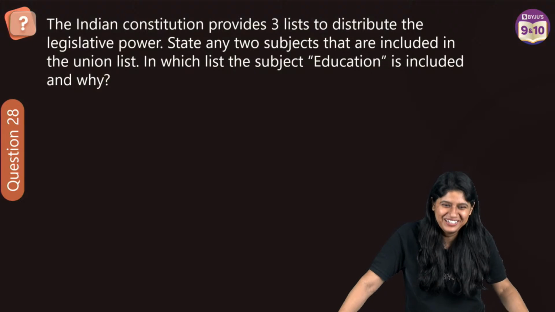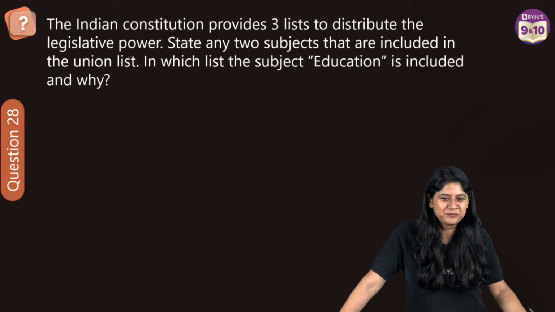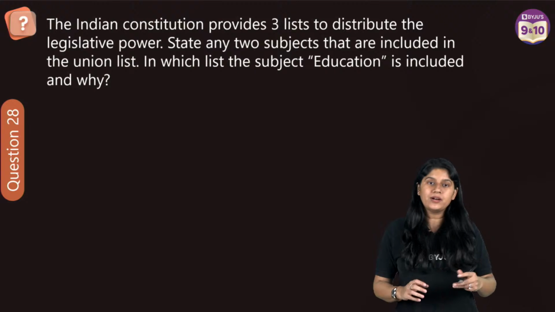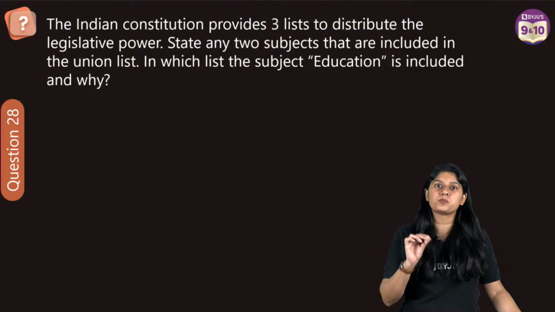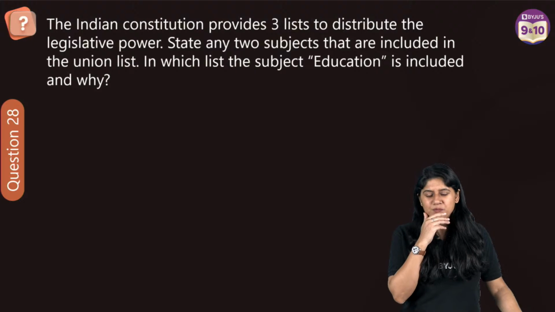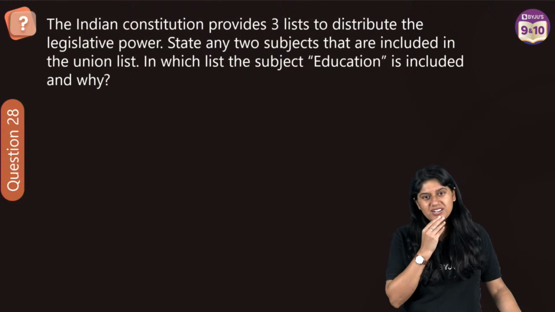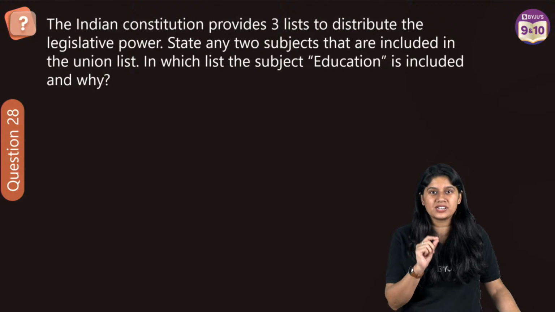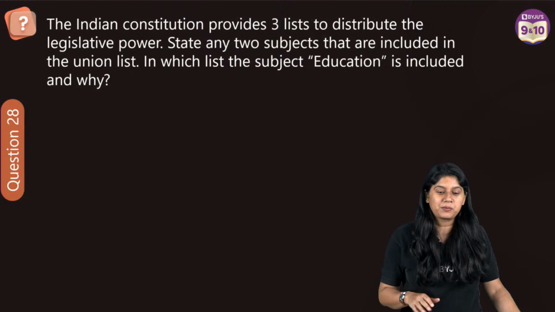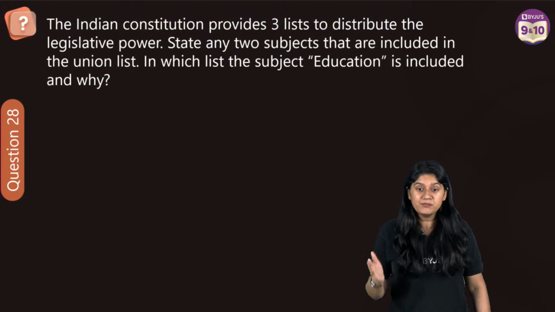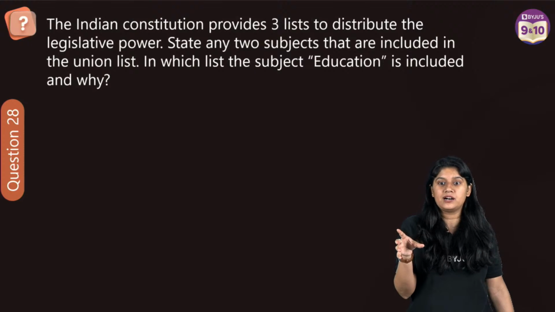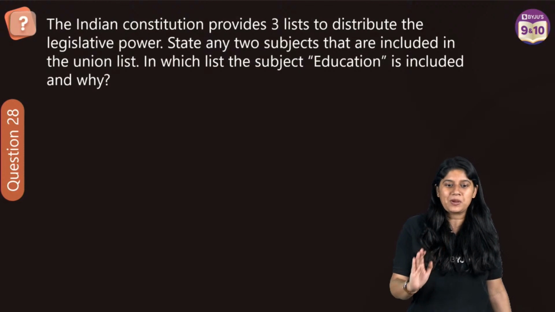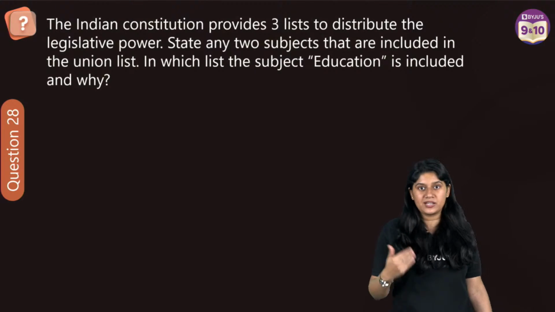Everyone, if you look at political science, the chapters that we have are super, super important. We don't have a question from gender, religion and caste in this particular paper. So we have the majority of the questions from the outcome of democracy, a few questions from political parties, and the majority from the first two chapters, power sharing and federalism.